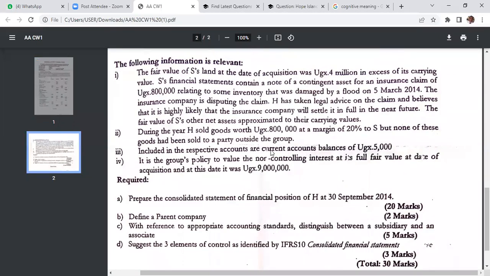This is where you have intercompany companies or related companies trading with each other. So usually they hold special accounts in each of their books to reflect any balances or any transactions happening within the respective accounts. So in short, this information means that in the parent's books, they had the current account showing 5,000. Then in the subsidiary's book, also they had a current account showing 5,000.